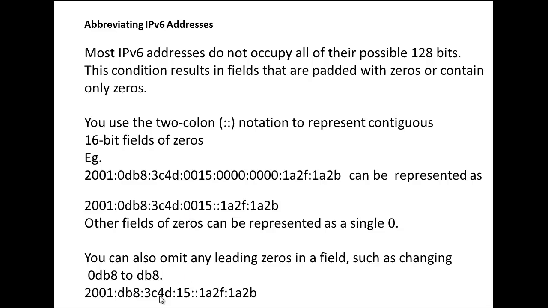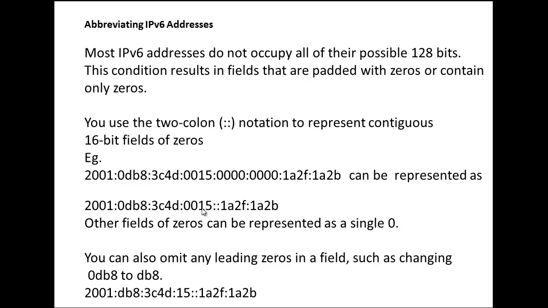So this address would be shortened even further to 2001 colon db8, we took off that 0, colon 3c4d colon 15, we would have taken off the two zeros. And then we have the two colons representing the two fields here of zeros.